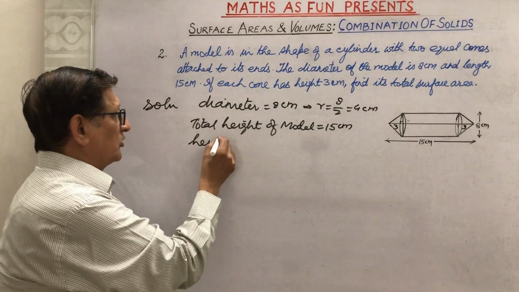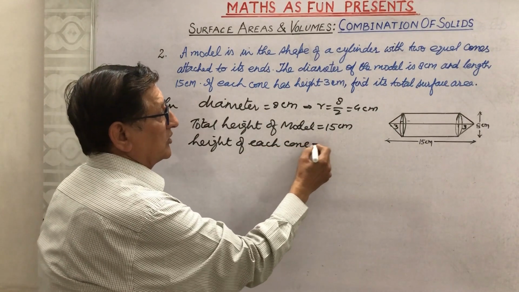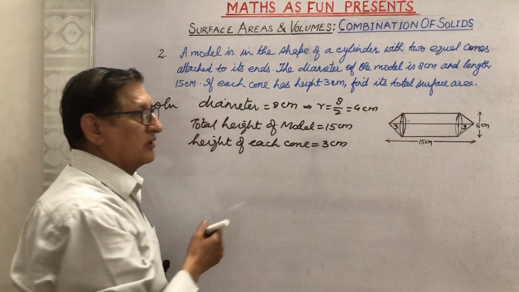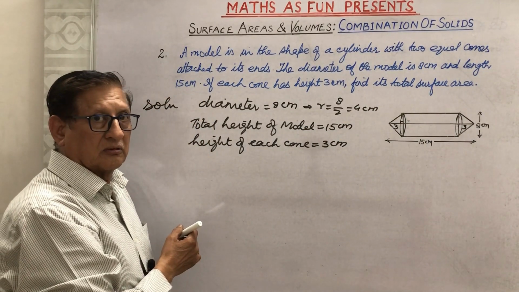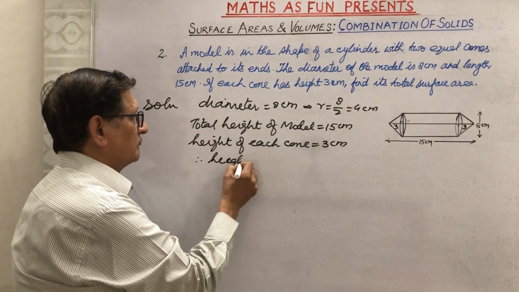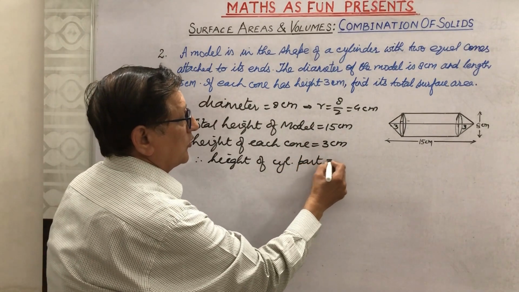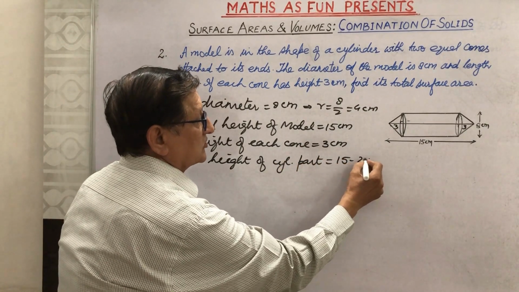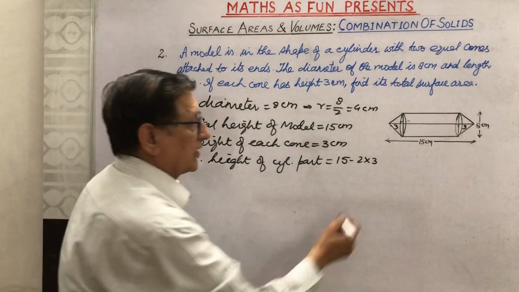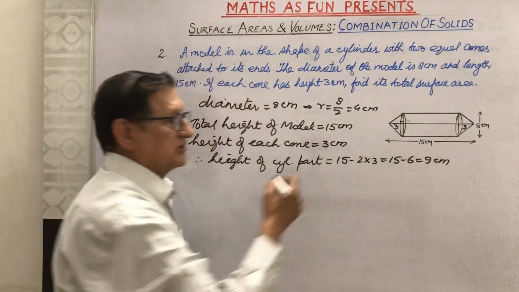Height of each cone is equal to 3 centimeters. So can we find out the height of the cylindrical part? So we can write, therefore, height of cylindrical part is equal to 15 minus 2 into 3, 3 centimeters on this side, 3 centimeters on this side. This is 15 minus 6 equal to 9 centimeters.